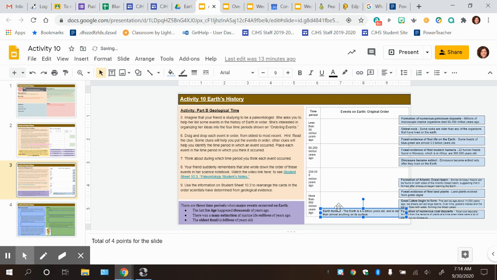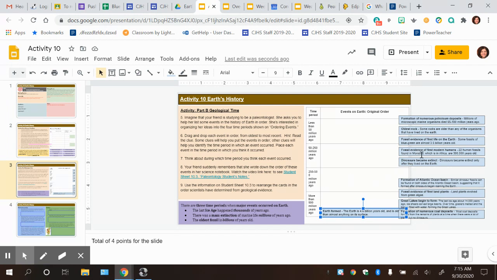Okay. And then, continue to go through and sort through these, go back and reread them, and place them in. You might have to rearrange them as you go through.